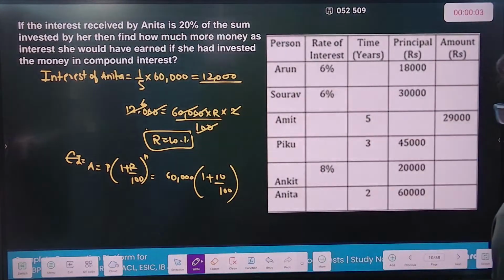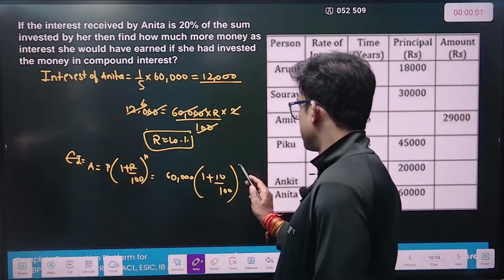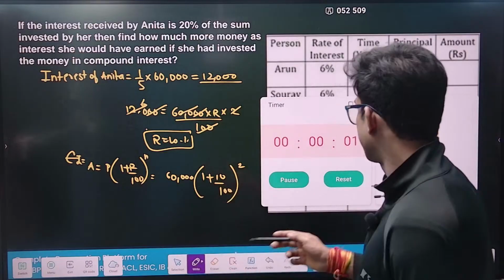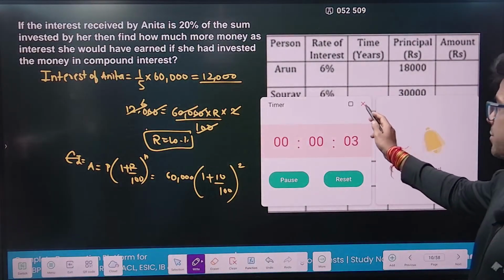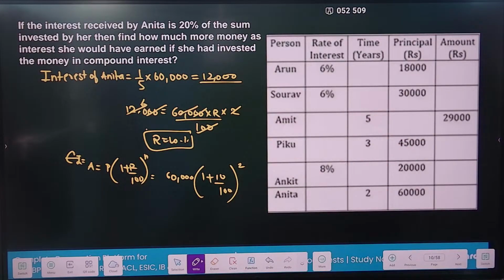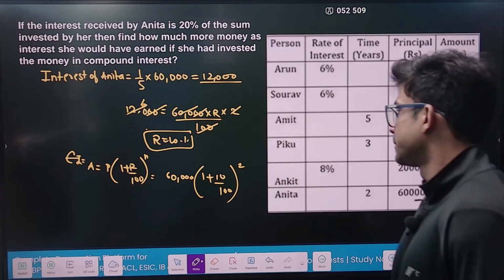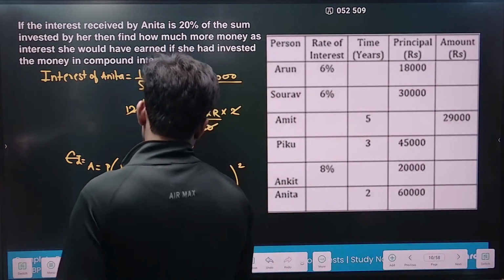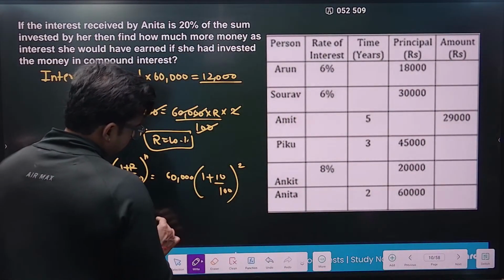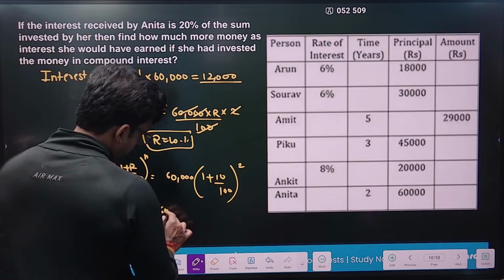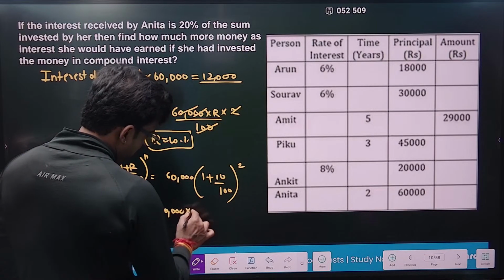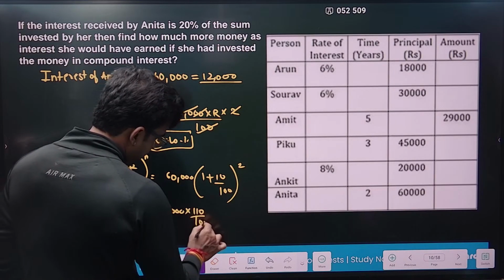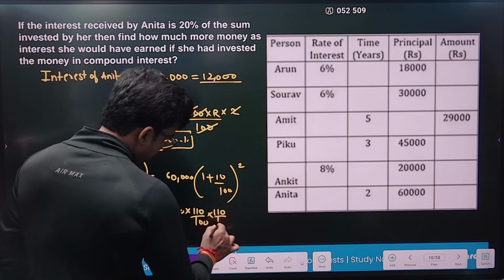Basically to the power 2, correct, because time is 2 years. Will it be fine, everyone? So you can see that here this is 60,000 into 110 by 100 into 110 by 100.